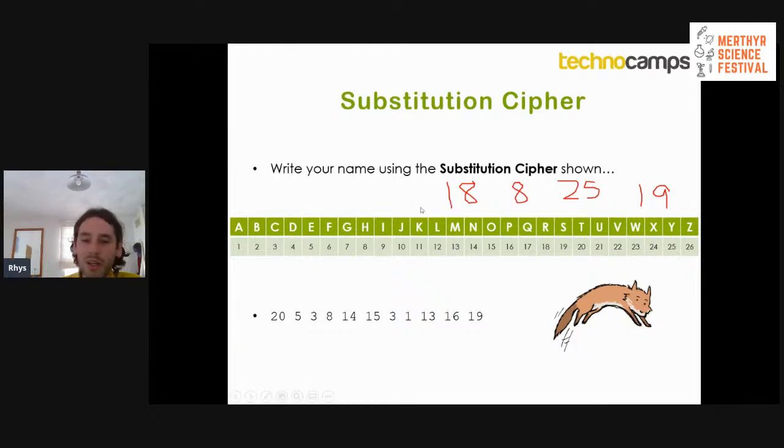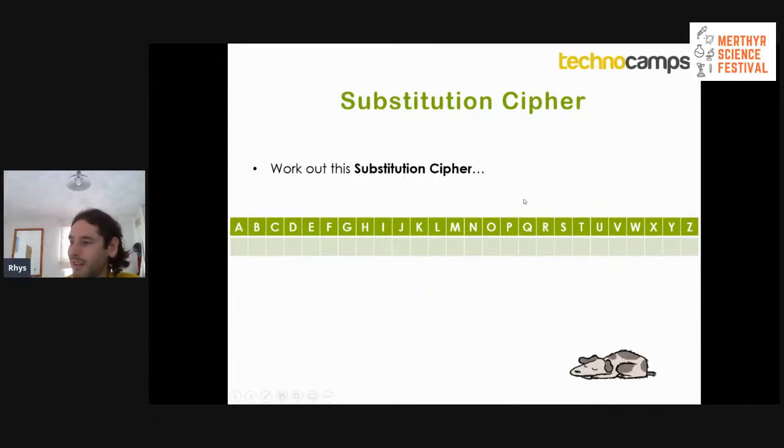But what if we take this now and look at a much more complicated substitution cipher? So can you work out what this cipher is saying without the key? So what's the hidden message, or what's the coded message? And looking at that, is it easy to figure out what's going on?